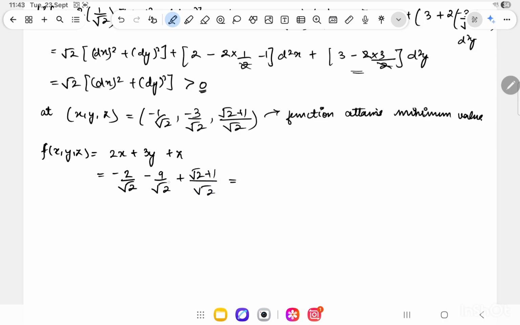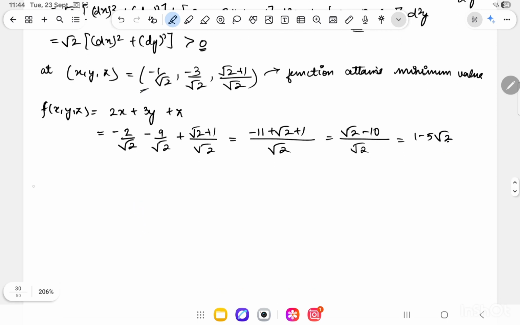So that will be minus 11 plus root 2 plus 1 by root 2, that is root 2 minus 10 by root 2, that is 1 minus 5 root 2. So this is the minimum value of the function and it is attained at this point.